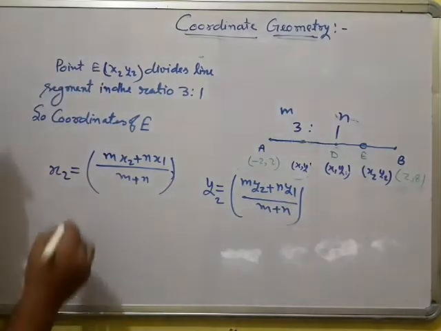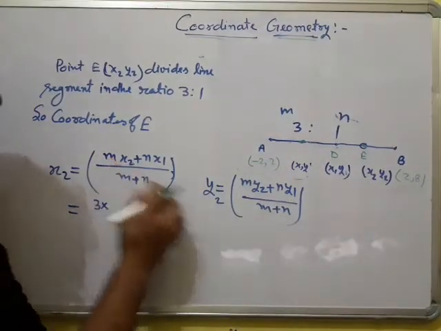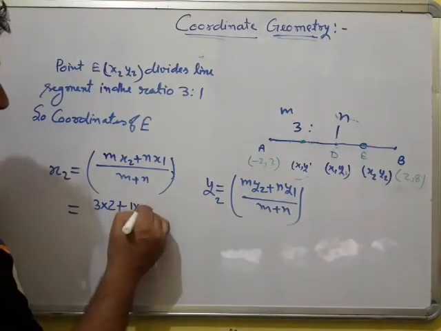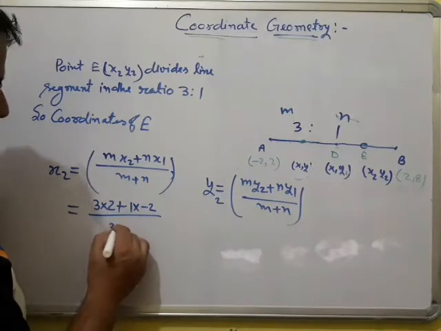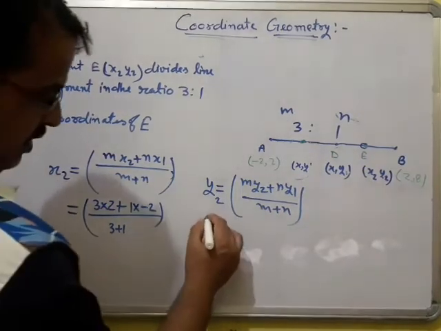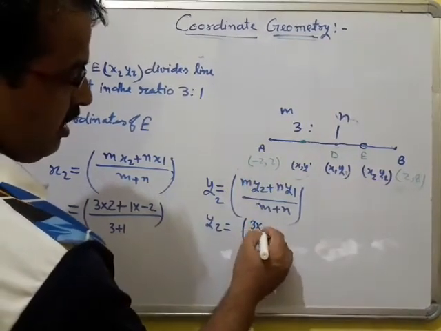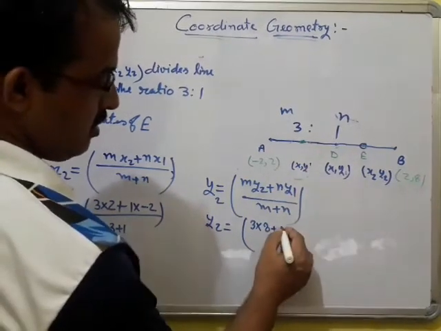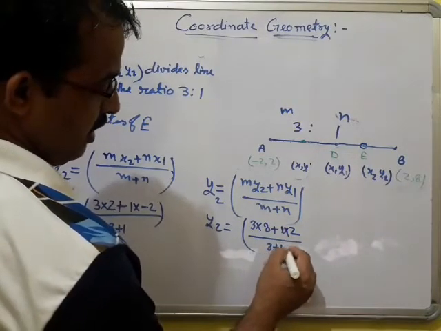Clear? Now it is given that m is 3, x2 is 2, n is 1 and x1 is minus 2, by 3 plus 1. Clear? And for y, m is 3 and y2 is 8, plus n is 1 and y1 is 2, by 3 plus 1.